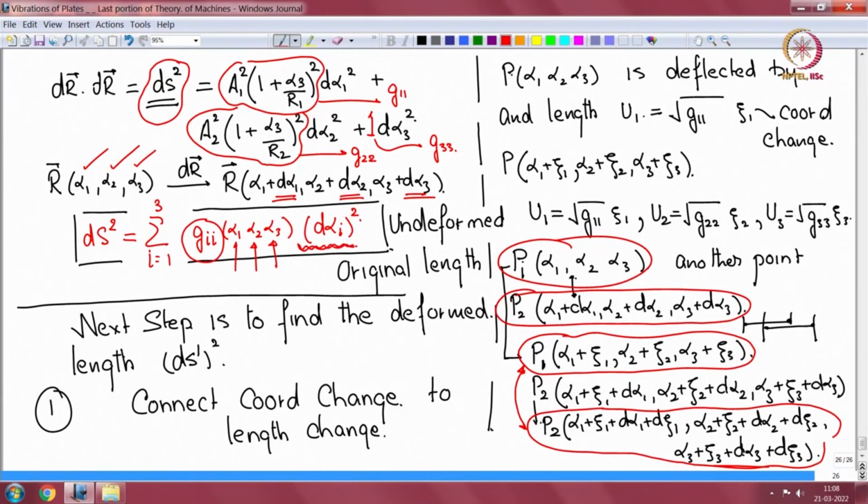Now we want to find the distance between this point and this point.